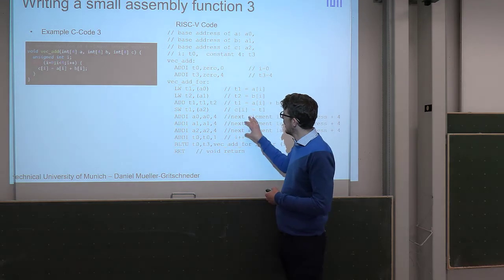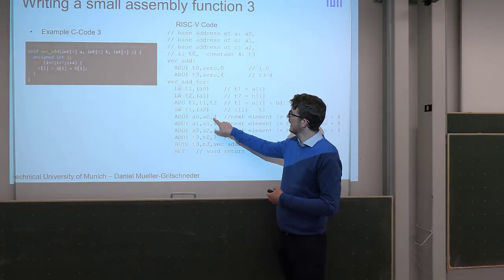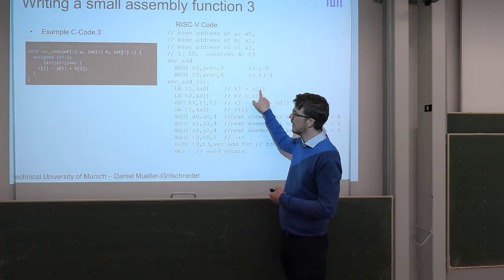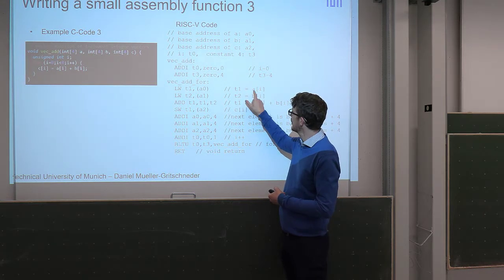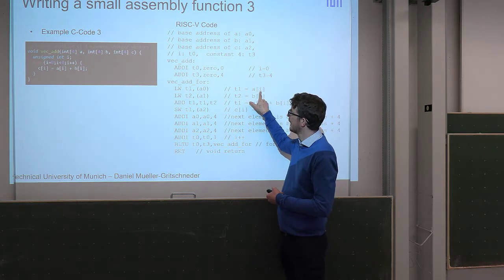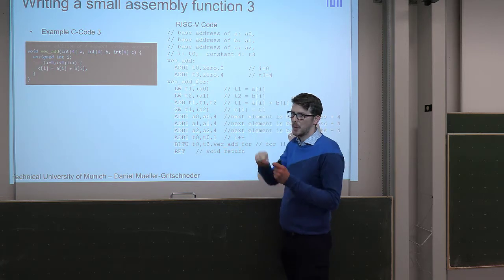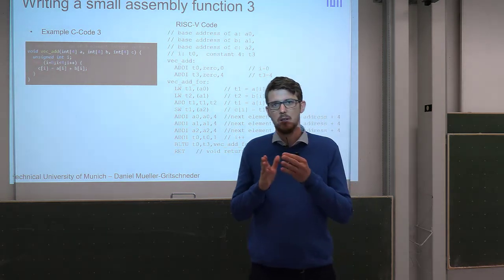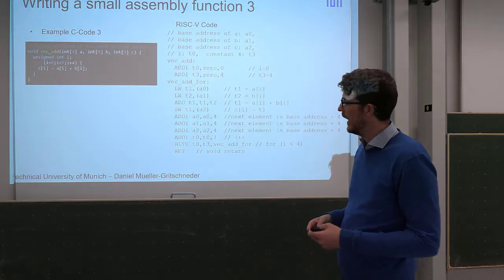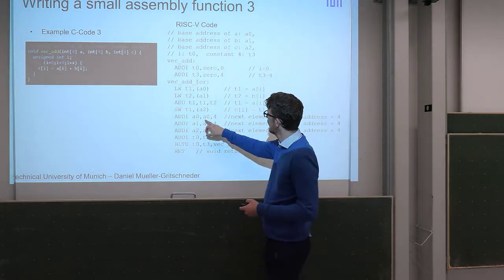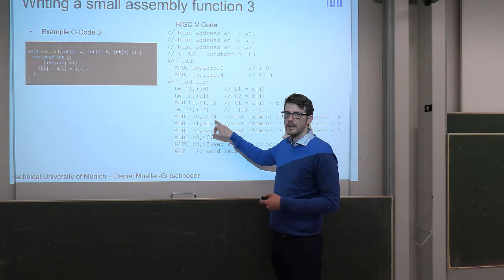Now what's happening if we do the next iteration? We started with A0. In the next iteration we want to have A from 1. In order to get the pointer to point to A of 1, we actually have to increase the pointer by 4. Why by 4?